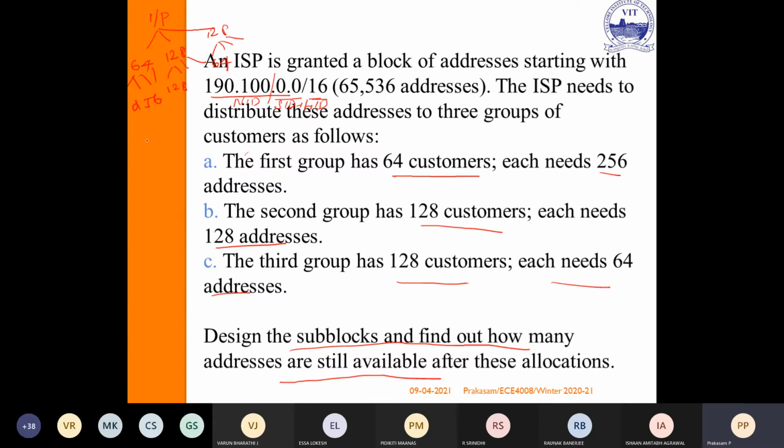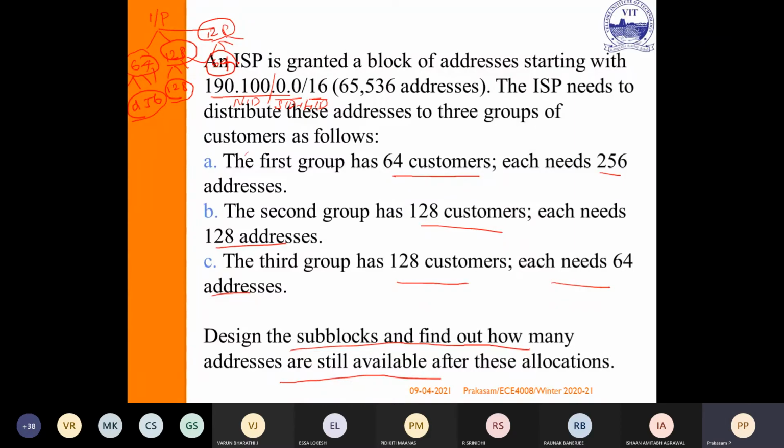That means for the first one, I want to provide 64 subnets, each with 256 hosts. Second, 128 subnets with 128 hosts per subnet. Third one, 128 subnets with 64 hosts each.